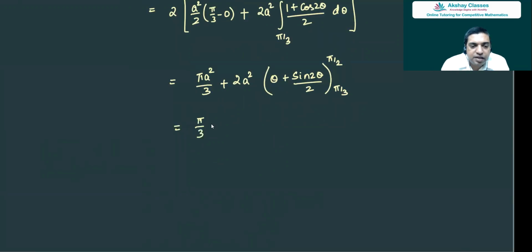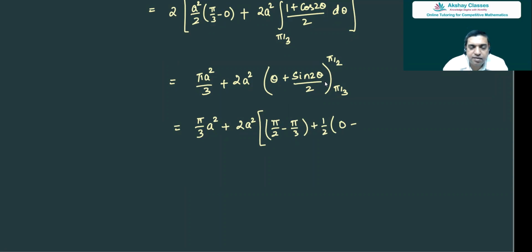So pi by 3 a square plus 2a square, pi by 2 minus pi by 3, the first part, plus half sine pi is 0 minus sine 2 pi by 3, that is sine 120, is same as sine 60, is root 3 by 2. So we get pi by 6 into 2, so pi by 3.